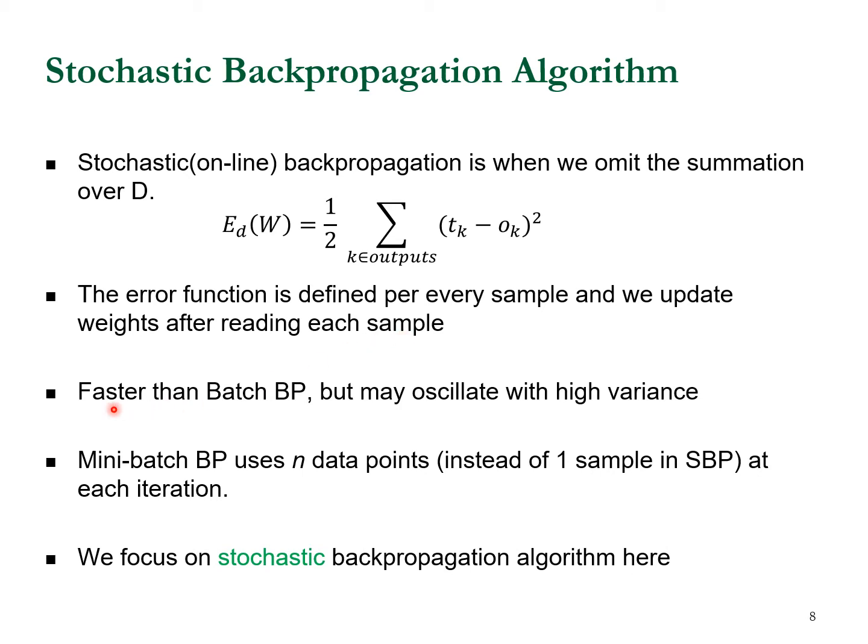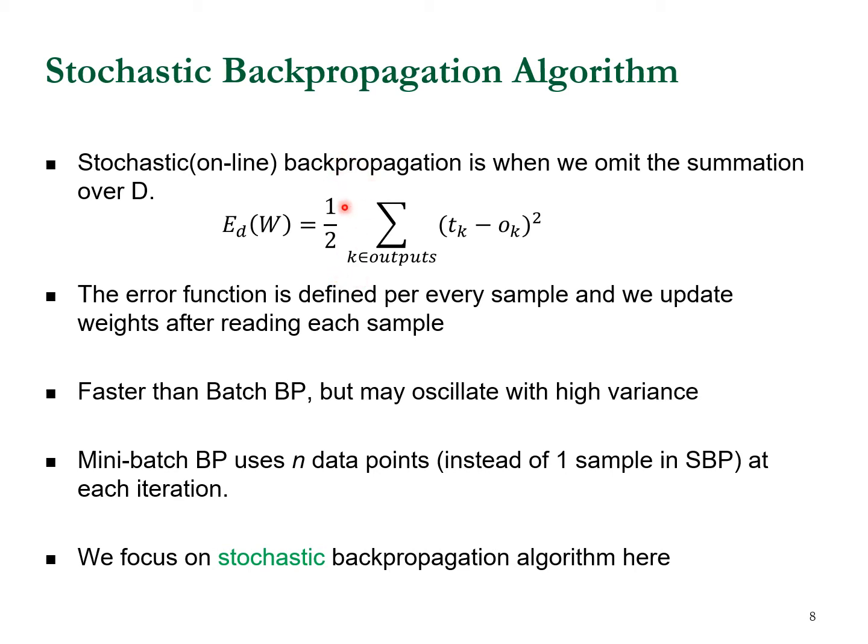So stochastic backpropagation is faster than batch backpropagation. It is clear because in the stochastic version, we do not have a summation over the entire data, which makes stochastic backpropagation much faster than the batch version, right? Because there is no summation here.